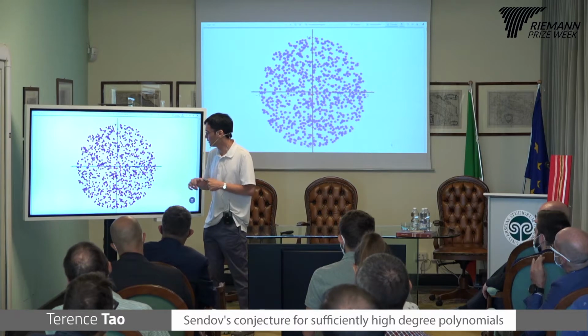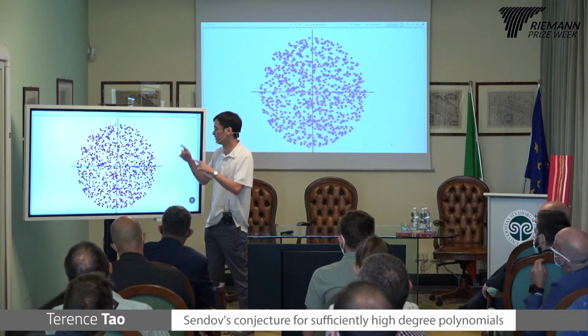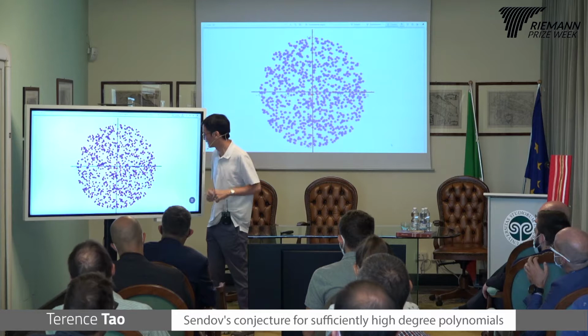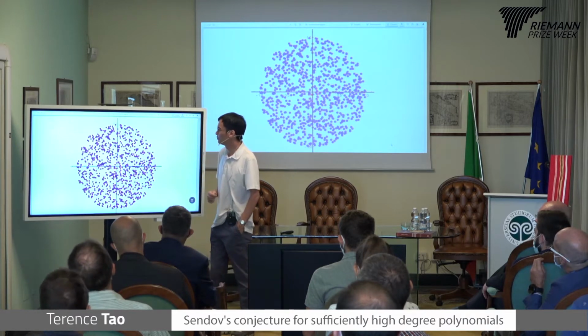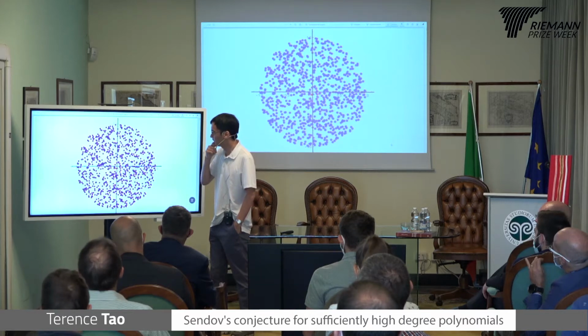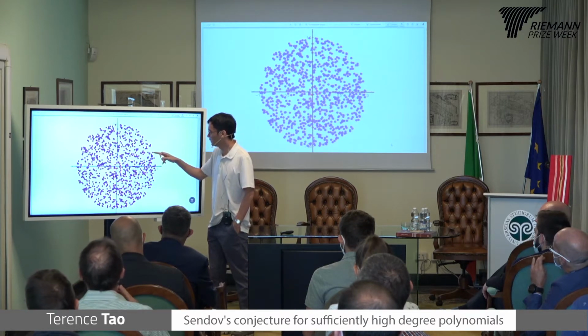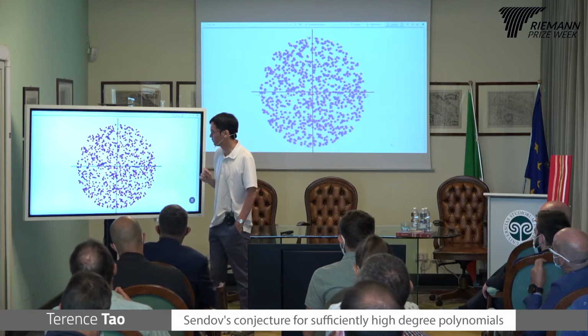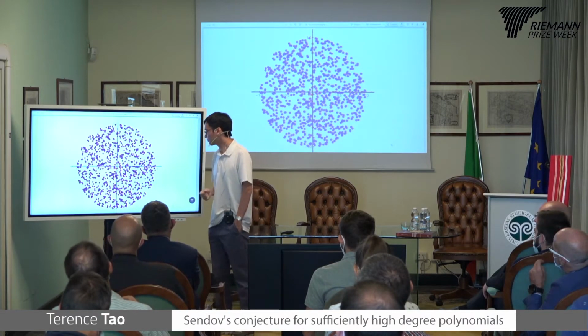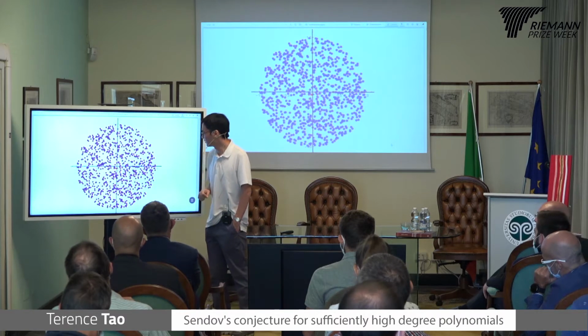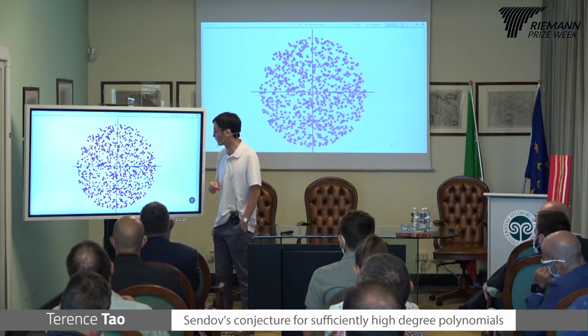And what you see, actually, sorry, the red points are the zeros and the blue points are the critical points, I think. Anyway, you see something interesting when you do this experiment, that almost all the zeros, all the red points, are next to a critical point. So they almost match up completely. Every red circle comes next to a blue diamond.